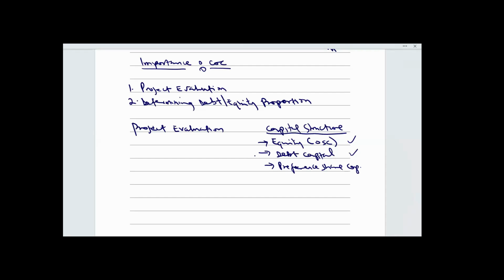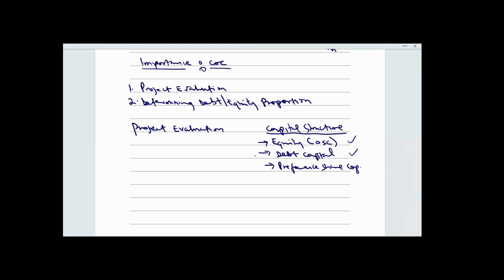For the preference share capital, the company will pay a fixed dividend to the preference shareholders. So all those, the dividend and the interest, are a cost to the company. So each source of finance in the company's capital structure has its own underlying cost.